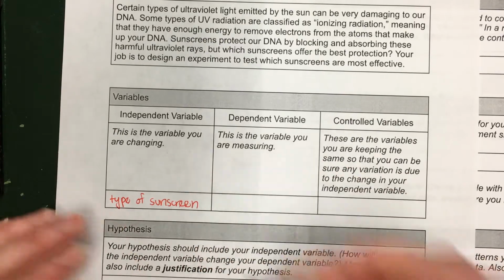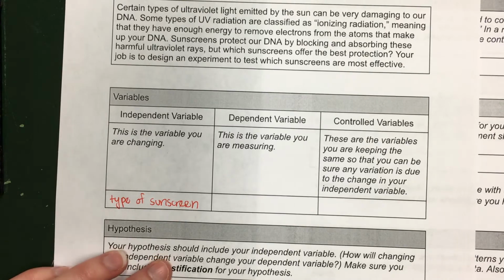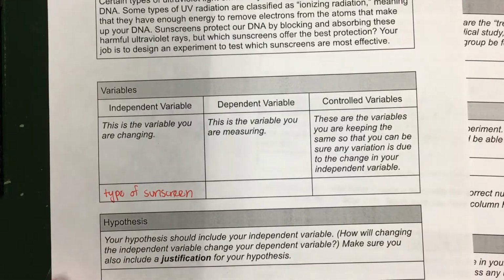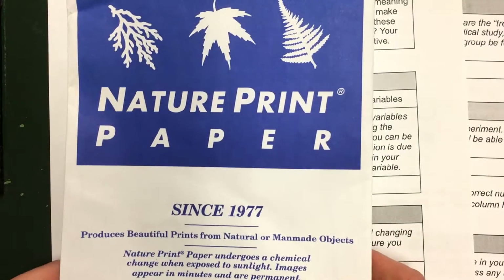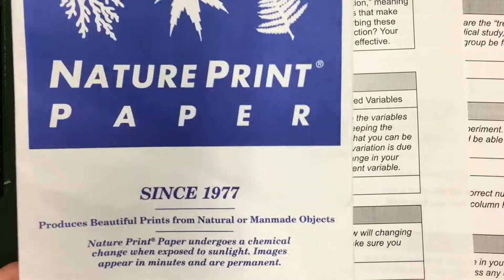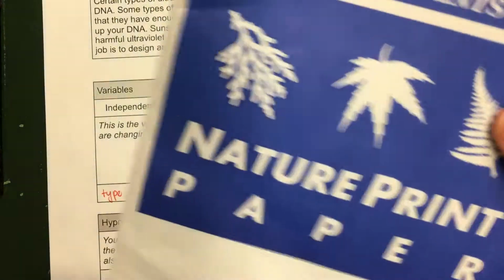Okay, now we're not going to apply this to our skin and go test it outside. That wouldn't be a very ethical or good idea. So instead, I have this paper called Nature Print paper that's dark blue and turns lighter blue when it's exposed to UV light.